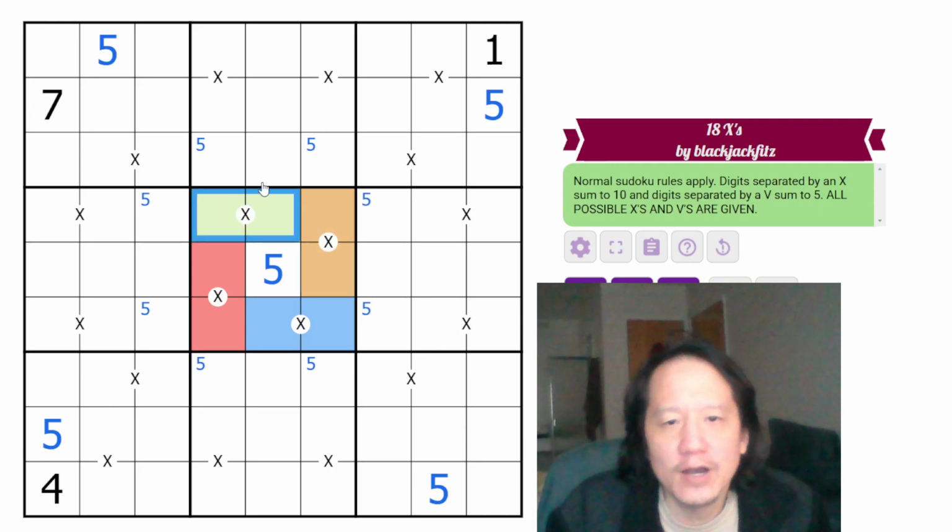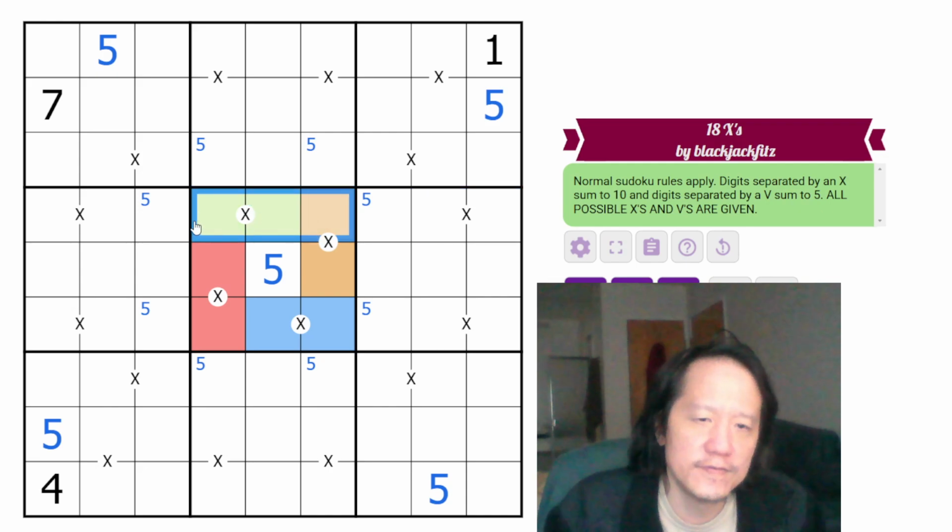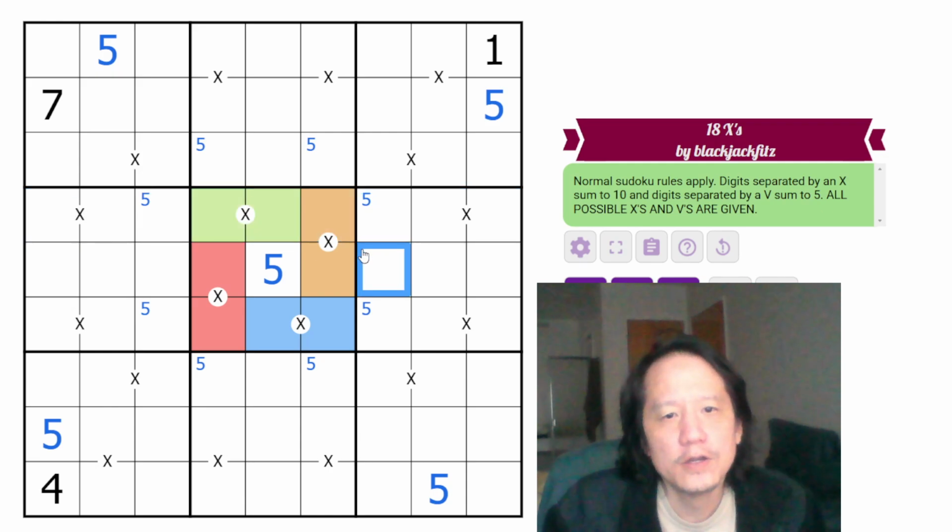Now, anytime you have a pair that sees any of, so like for example in row 4, you see two that cannot be green, right?